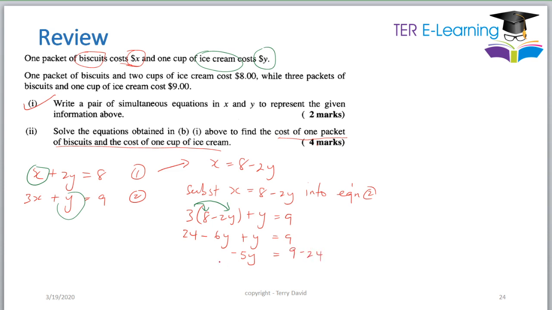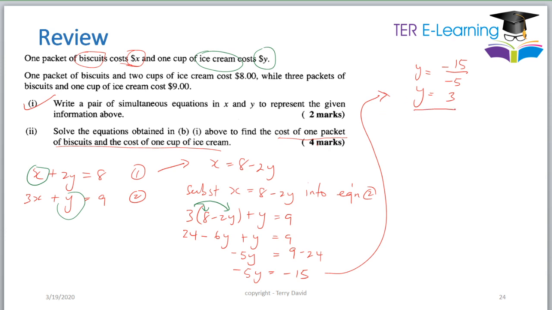So 9 minus 24 is minus 15. So we have minus 5y equal to minus 15. Let's move this across here. Therefore y is equal to minus 15 over minus 5, and therefore y is equal to 3.